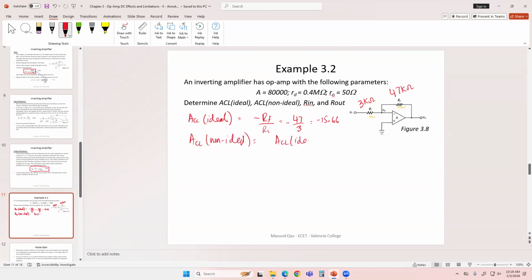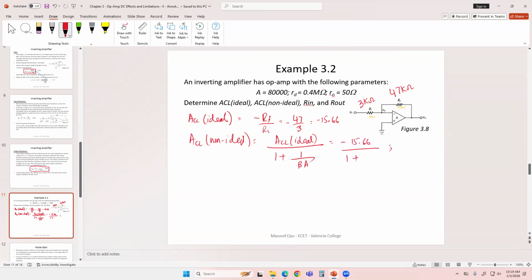ACL ideal over 1 plus 1 over beta A. Negative 15.66 over 1 plus 1 over beta, which is going to be the same as what we had previously because the beta expression is the same.